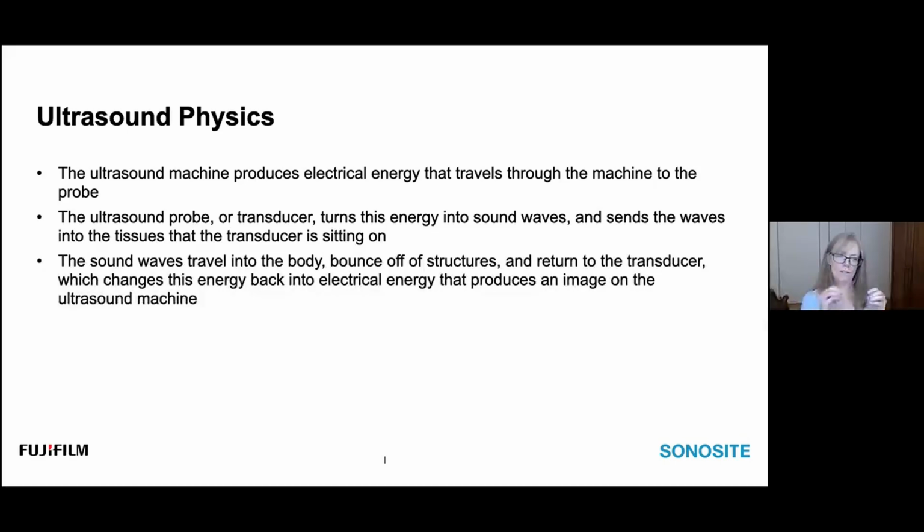The sound waves travel into the body and bounce off of structures within the body. They return that information to the transducer, and the transducer takes this energy back in electrical energy and produces an image on the ultrasound machine. So essentially, it's taking a 3D situation and turning it into a 2D picture that can provide us with information.